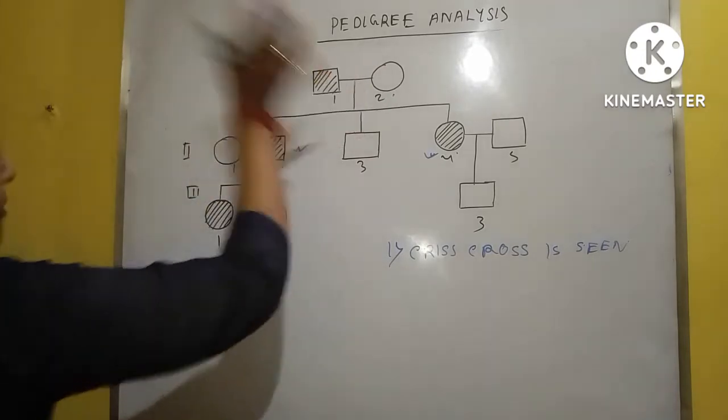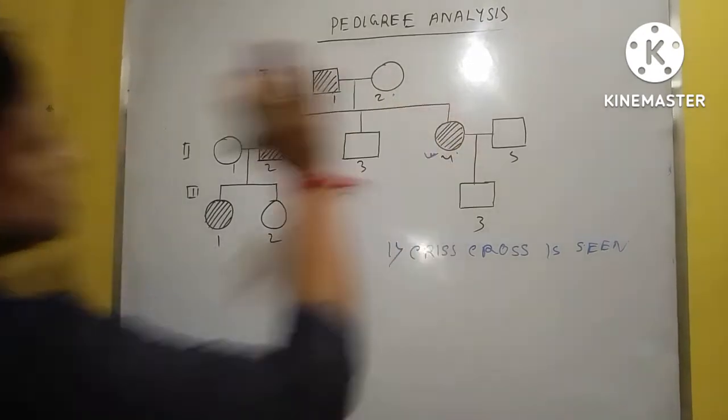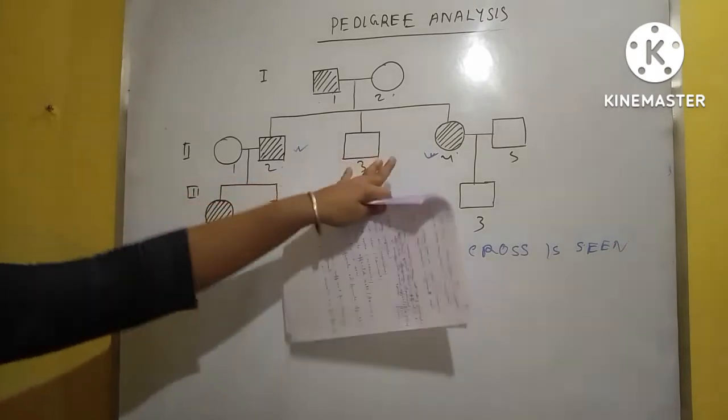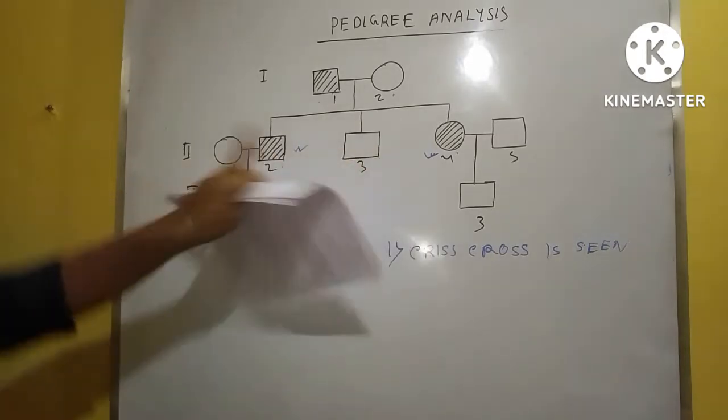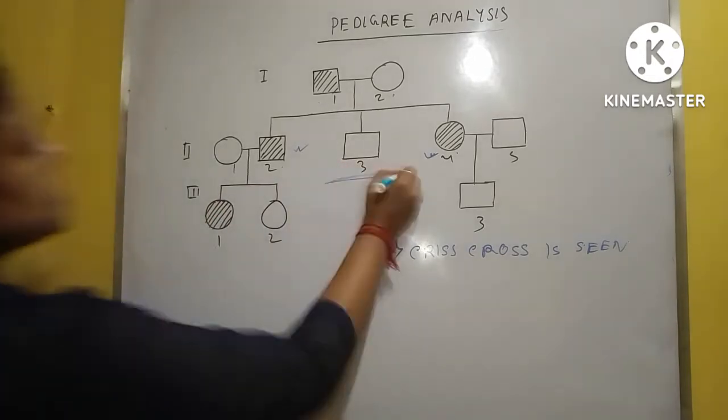If the father is affected, then the son and daughter both are affected. You can see here that in most cases, 50% or more, individuals are affected. Clear? And one is unaffected.